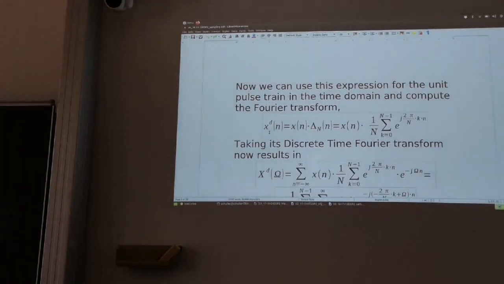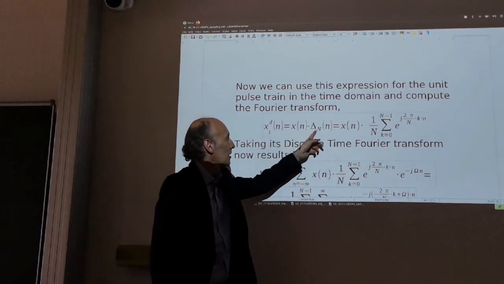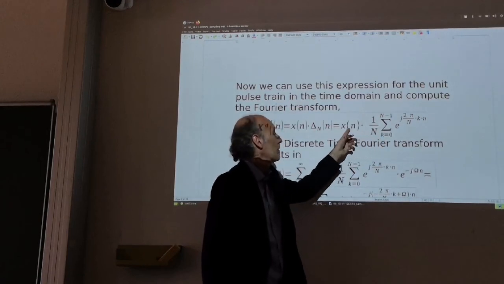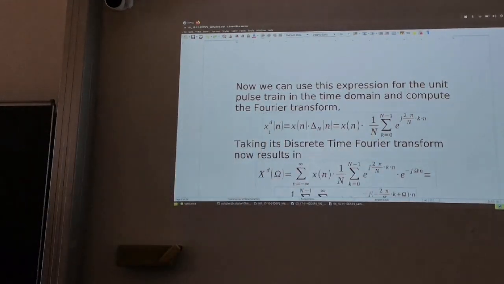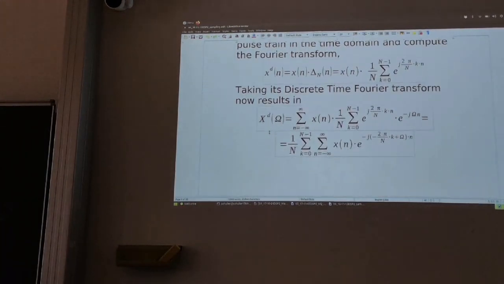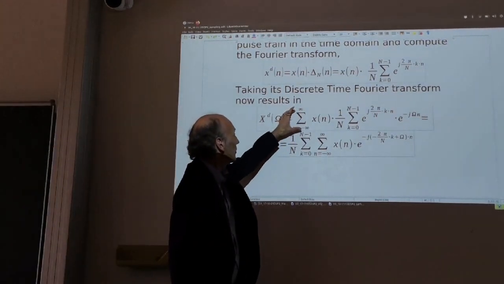Yeah, now we can use this expression to compute our Fourier transform. Here, plug it in. So this is now our sample sequence. And this expression with exponentials has the advantage that it gives us a nice Fourier transform. So here comes the discrete time Fourier transform.